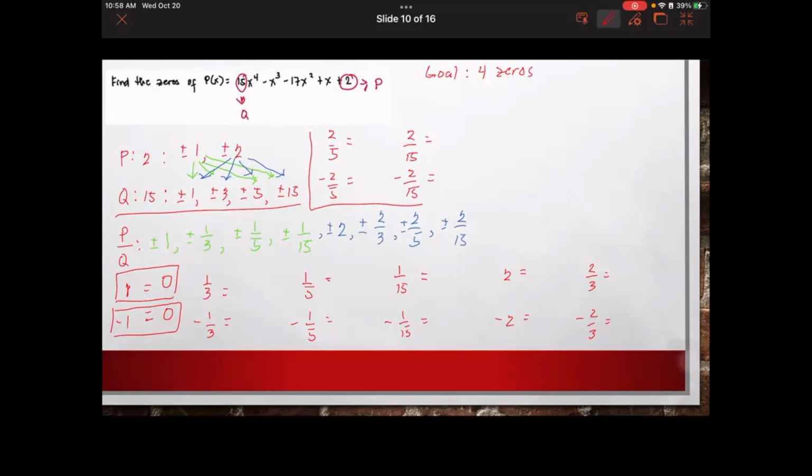How about 1/3? Okay, baba yung kamay. Nakakangalay.